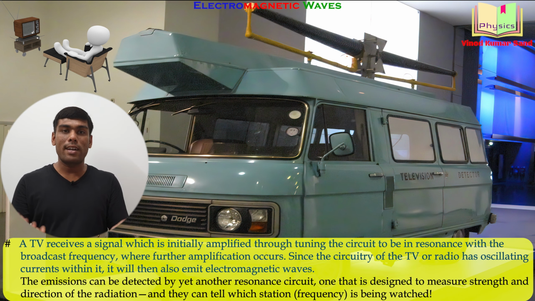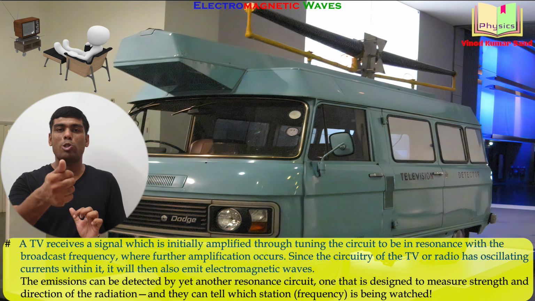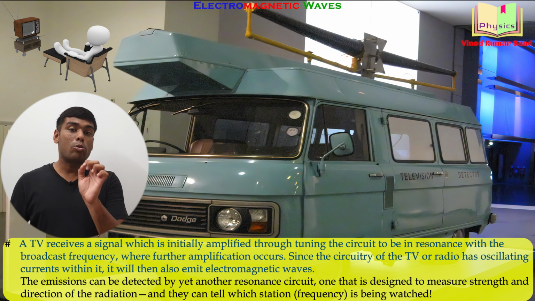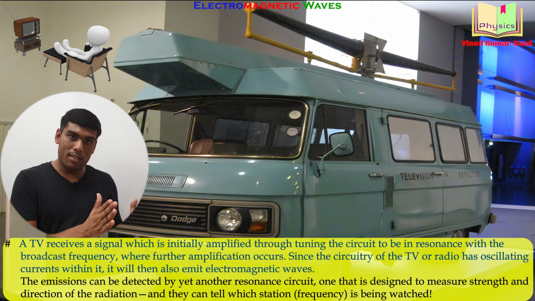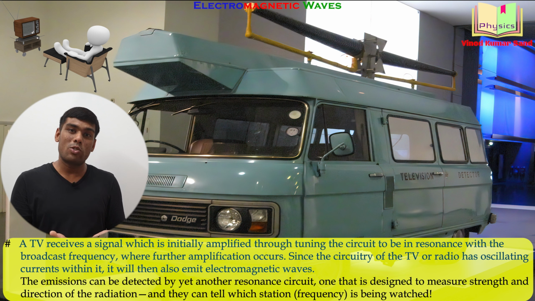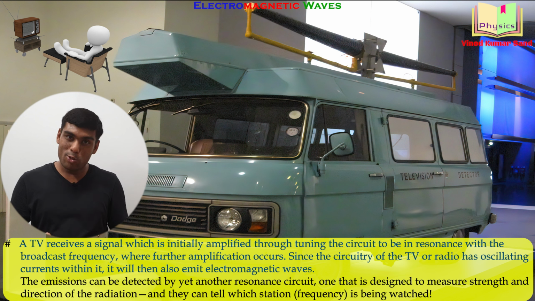amplified using a tank circuit inside the TV. Suppose there is a particular frequency F0, you want to watch that channel, then related to that particular frequency, the circuit inside the TV is in resonance, and that resonating circuit is actually using oscillating charges.